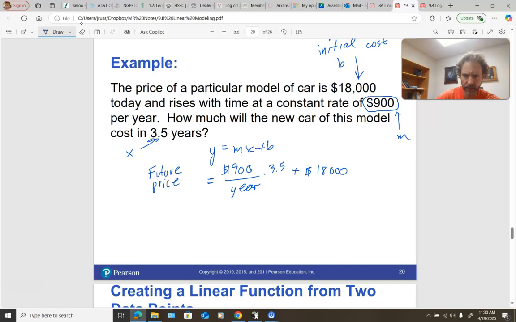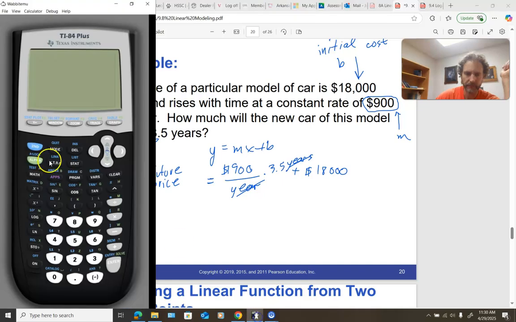So I'll plug in here 3.5 years, and so the units cancel, years, so we'll multiply 900 times 3.5, and so this is how much the price will rise in 3.5 years.